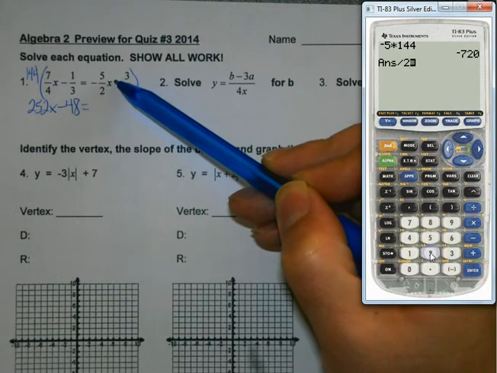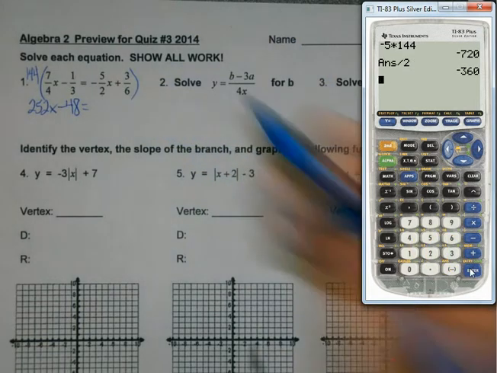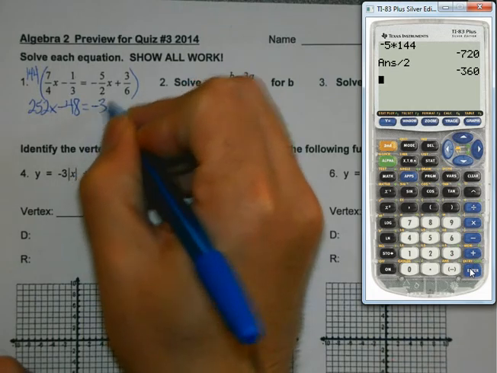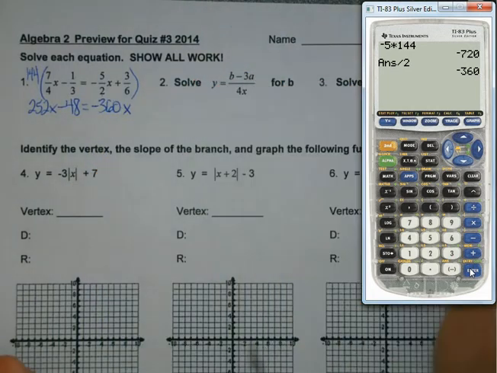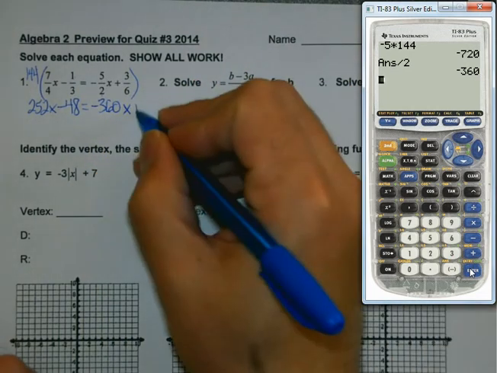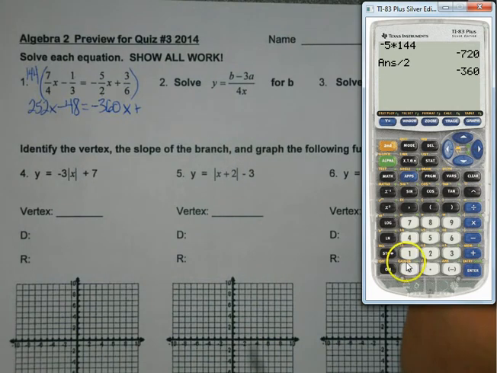Notice the negative only went on one of the values. So negative 360x, and then 144 times 3, and then divide by 6.